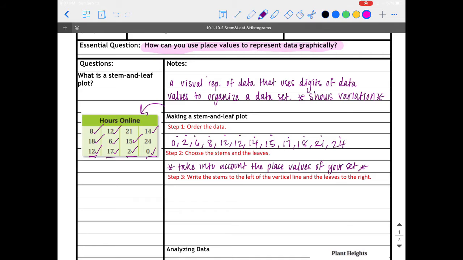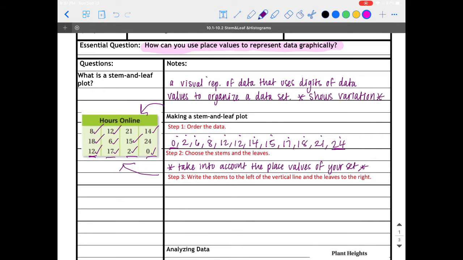In this case, our set ranges from 0 to 24, so it would be a good idea for us to use the tens place as our stem.